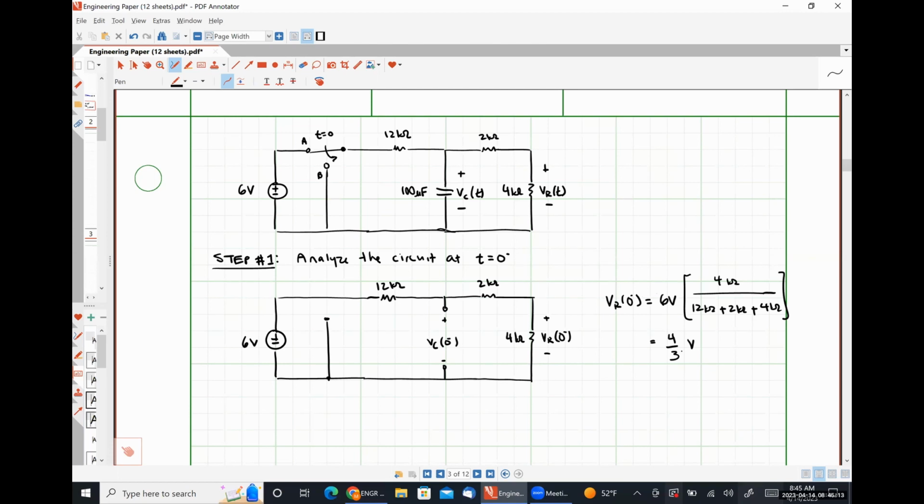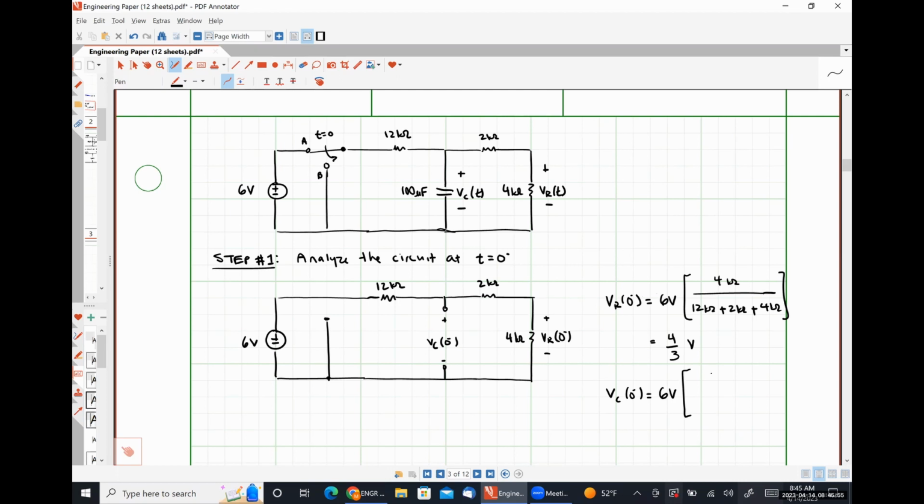Well, anybody have a problem with that being the voltage drop across my resistor at 0 minus using voltage division? So, sorry, VC at 0 minus I can also get using voltage division if I take into account that the voltage drop across the capacitor is just the voltage drop across the 2 kilo ohm resistor plus the voltage drop across the 4 kilo ohm resistor.